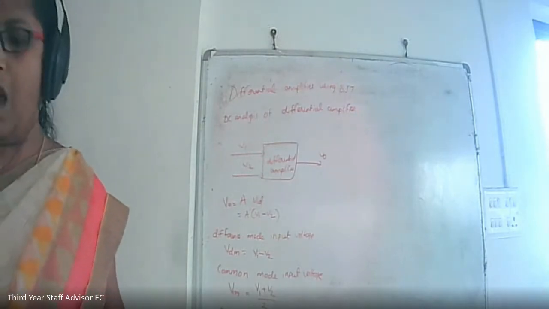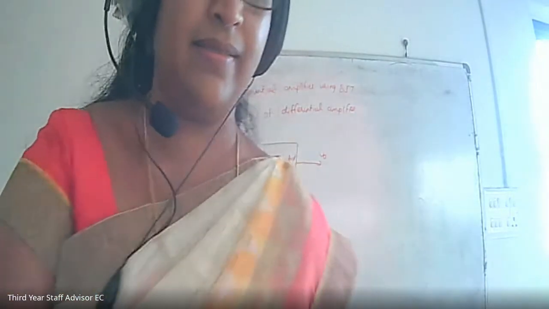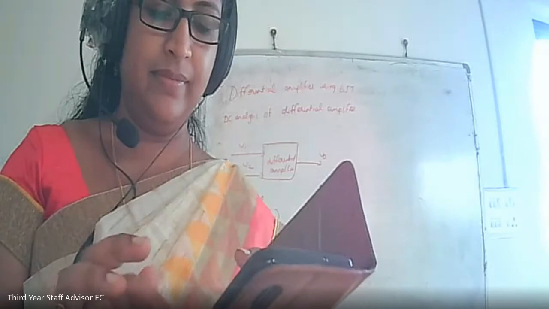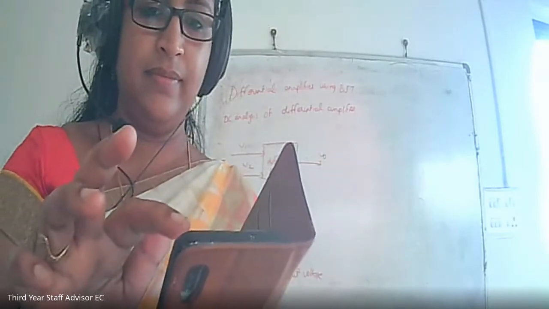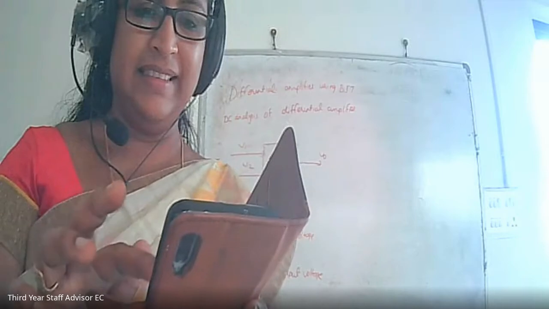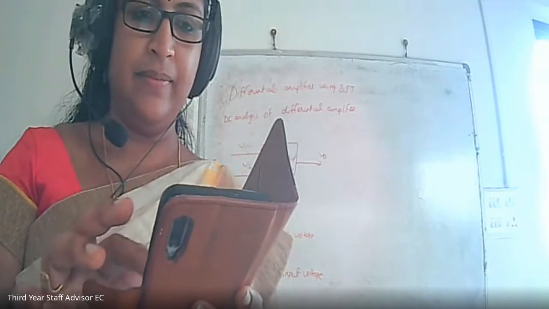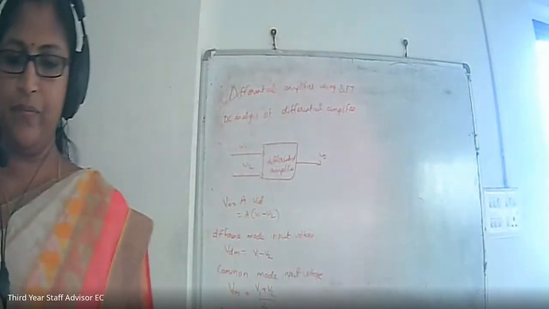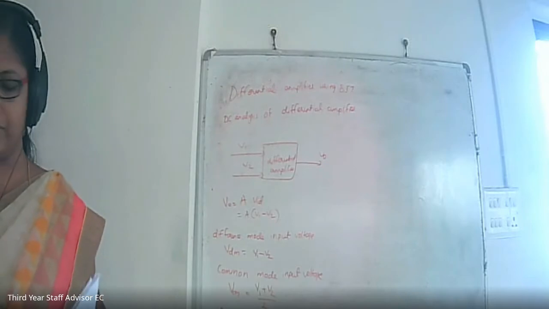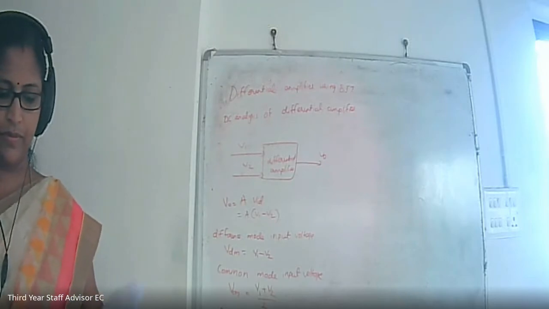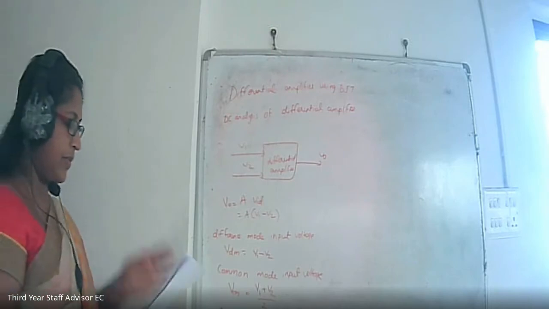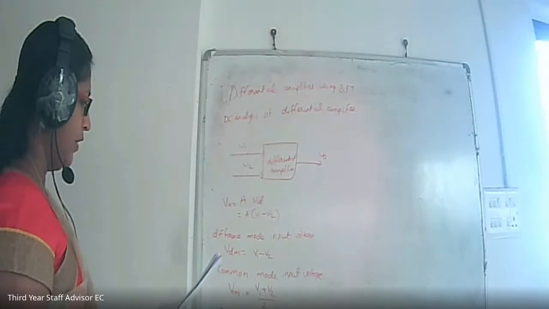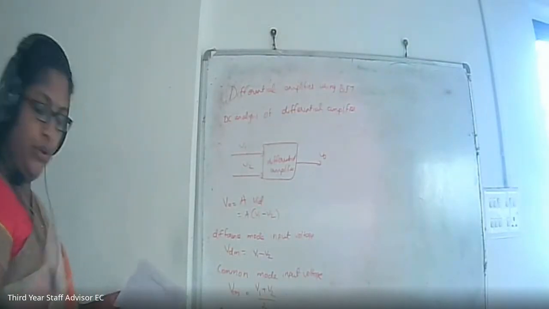Okay, you can type: VDM equal to V1 minus V2 and VCM equal to (V1 plus V2) by 2. So these are the two inputs.